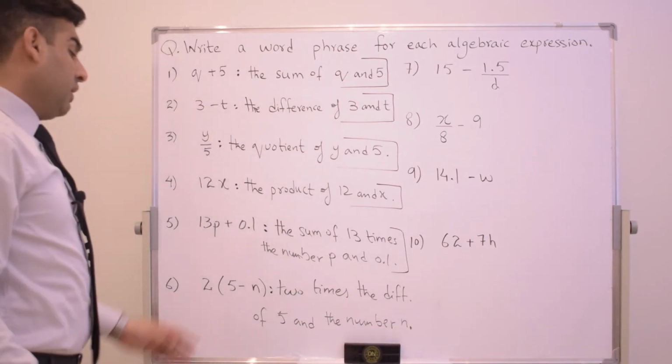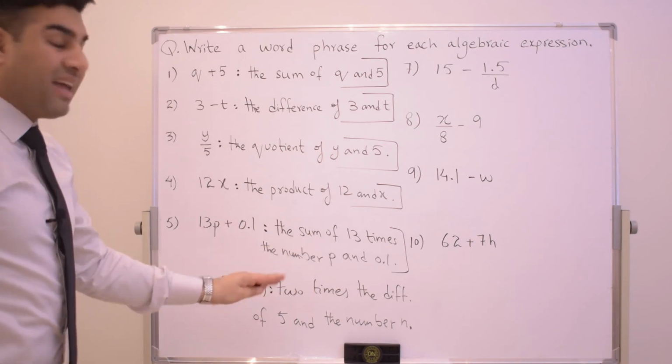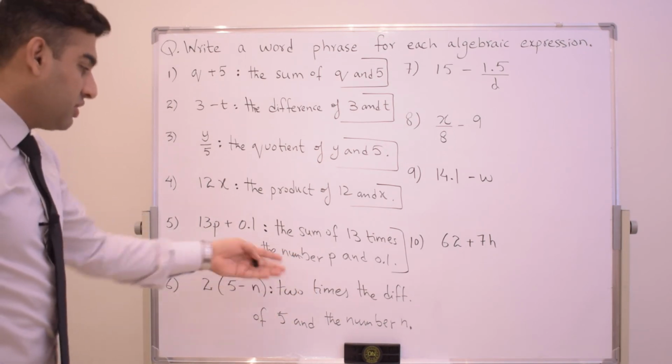Guys, you can just write 2 times the difference of 5 and n also, or the number n. So this is more appropriate.